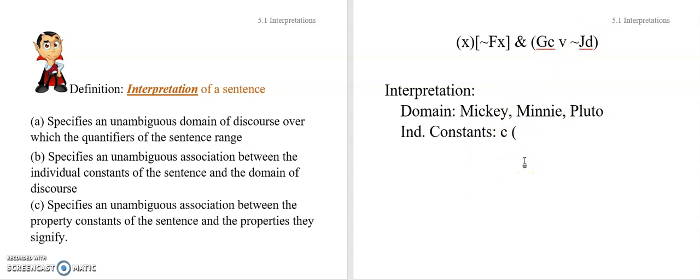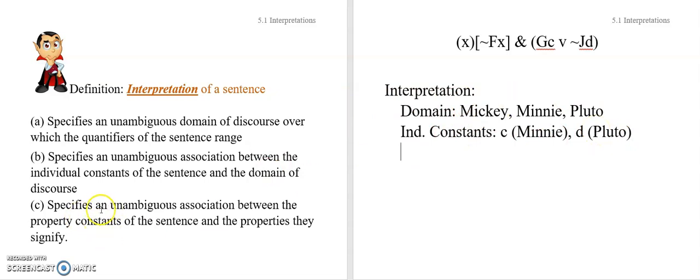But we'll make C stand for Minnie, and we'll make D stand for Pluto, okay? So there's got to be an unambiguous association between these guys and which members of the domain they pick out. They can potentially pick out the same one. Okay, that's what that means. And notice this is exactly what we did in the previous examples in the previous two videos.